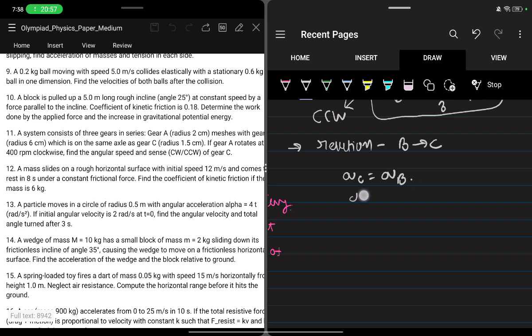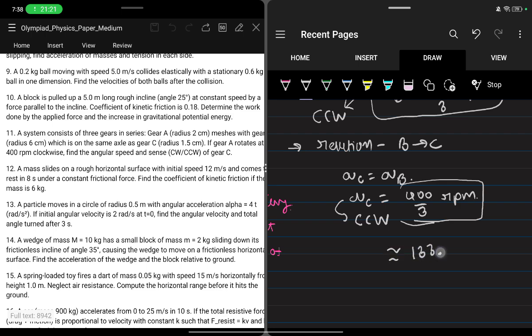So omega C would be 400 divided by 3 RPM. So these two will rotate counterclockwise, same as B. So the answer should be 400 divided by 3 RPM counterclockwise, which is roughly 133.33 RPM. Understood?